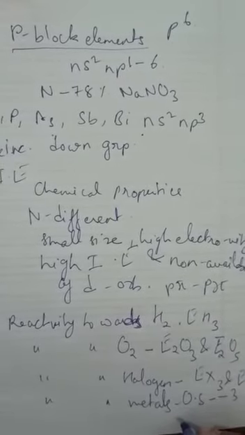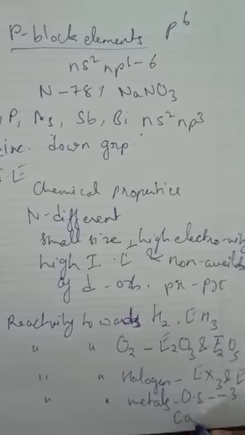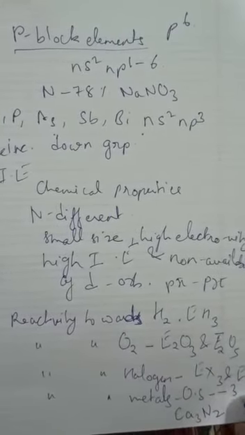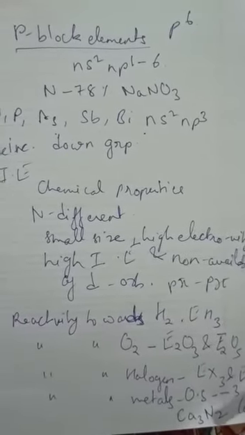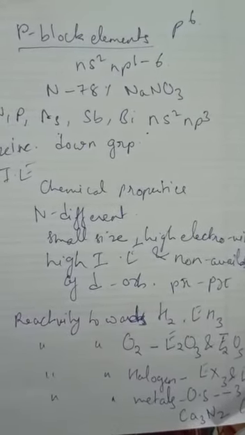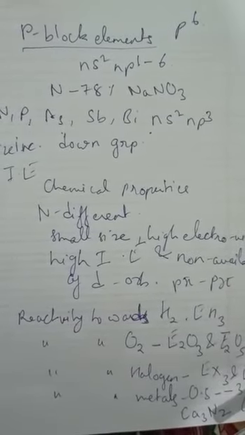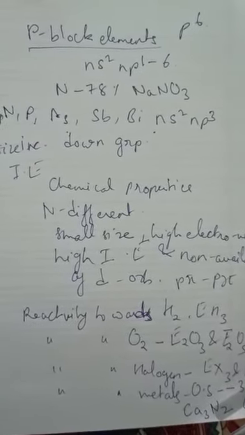For example, calcium nitride, Ca3N2, or you can say calcium phosphide, that is Ca3P2. Okay, so this type of compounds are formed when the p block elements react with metals. Okay, so these are the physical and the chemical properties of the p block elements.